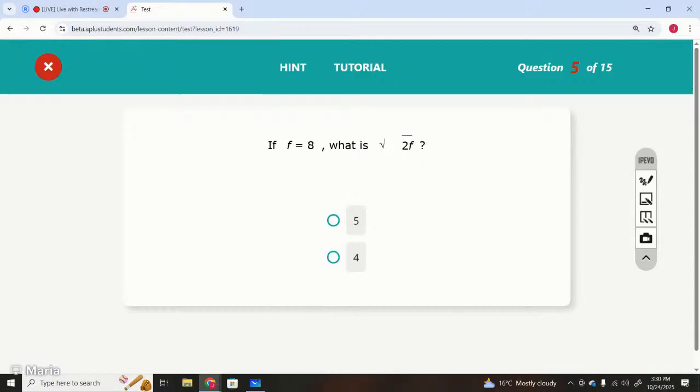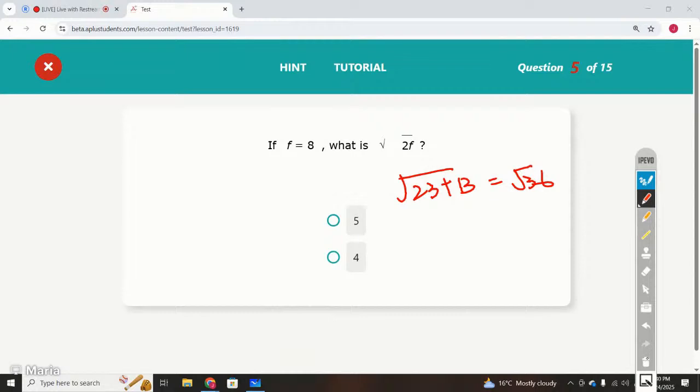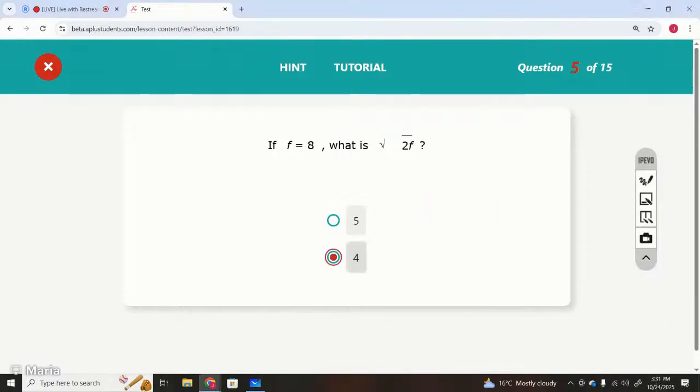If f equals 8, what is the square root of 2 times 8? 2 times 8, that is square root of 16. That is 4. Option number 2 is the correct option.